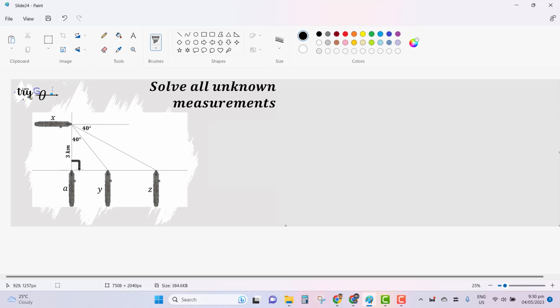We cannot use the Pythagorean theorem if you're only given one side. Instead, we'll be solving for the unknown measurements of angles so that we could use it with our SOH-CAH-TOA in solving for the unknown measurements of sides.